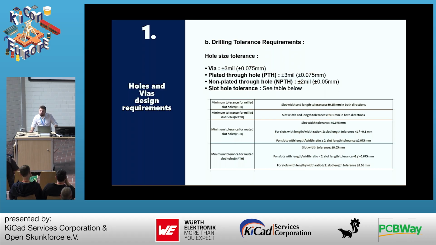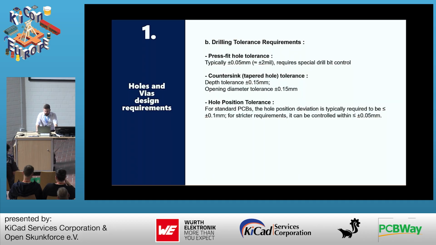Regarding the slot hole tolerances, it depends; there are different values you should respect. I will try to share this PPT on my social media, so you can follow me on LinkedIn and have all these values in mind. Then regarding press fits, the tolerance is also 0.05 millimeter.